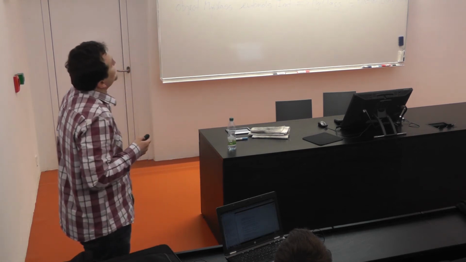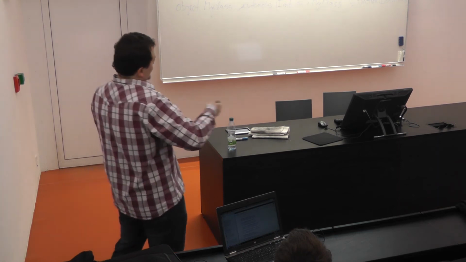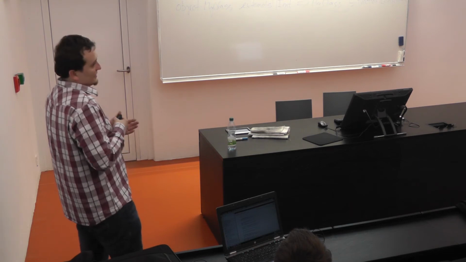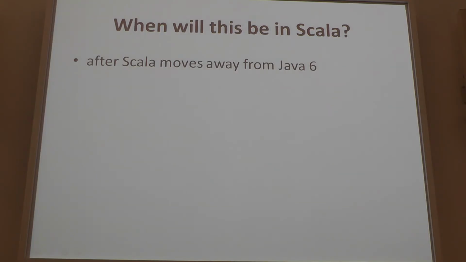So the basics that are required for this implementation is the invoke dynamic instruction, and that's something that was added in Java 7. So Scala will have to move away from Java 6, that is the current target platform for Scala.